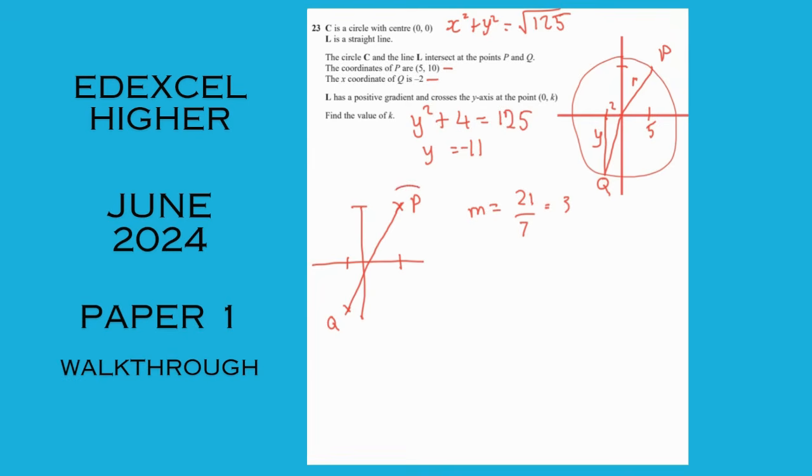Now I'm going to take the coordinates of P, y equals mx plus the intercept. But we know that when x is 5, y is 10.